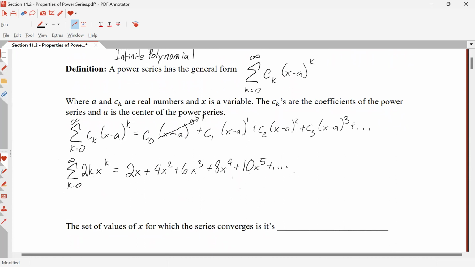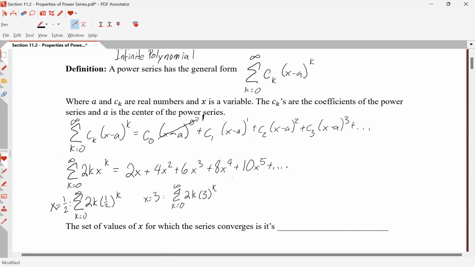As an example, suppose I said, what if x equaled 1/2? Then the series above becomes the sum k equals 0 to infinity of 2k times (1/2) to the k. And we could, using all of our tests from chapter 10, determine if this converges or diverges. And then if x equaled 3, we'd have the series k equals 0 to infinity of 2k times 3 to the k.